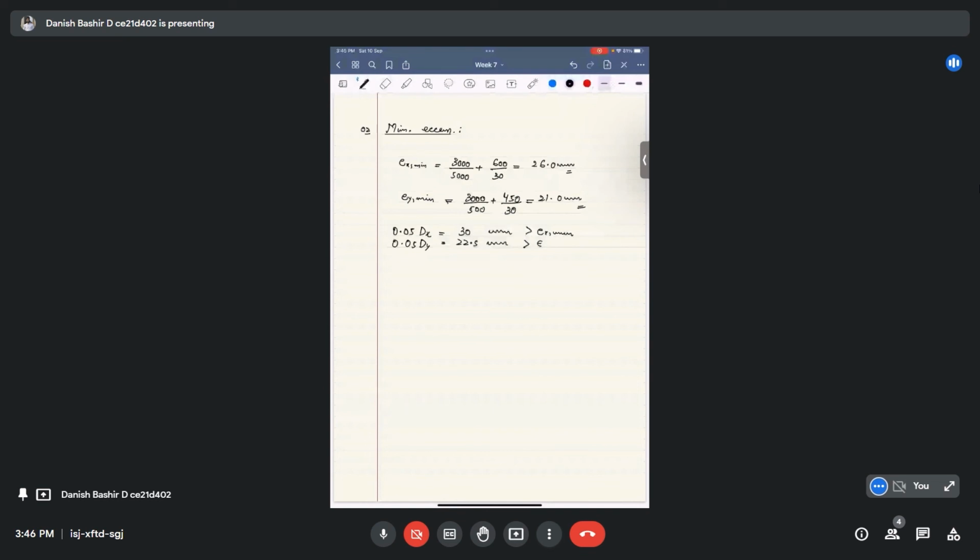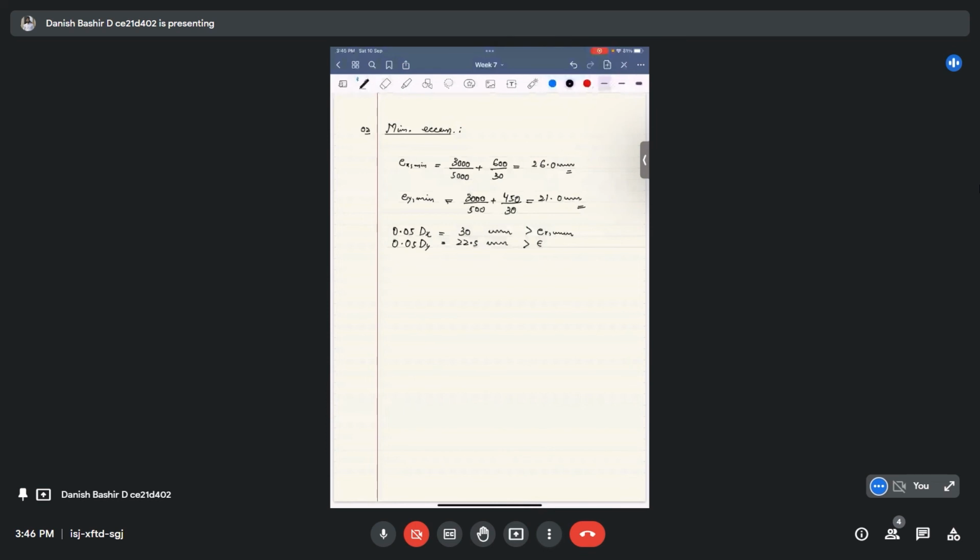So as per this code check, we can design this column as an axially loaded short column.